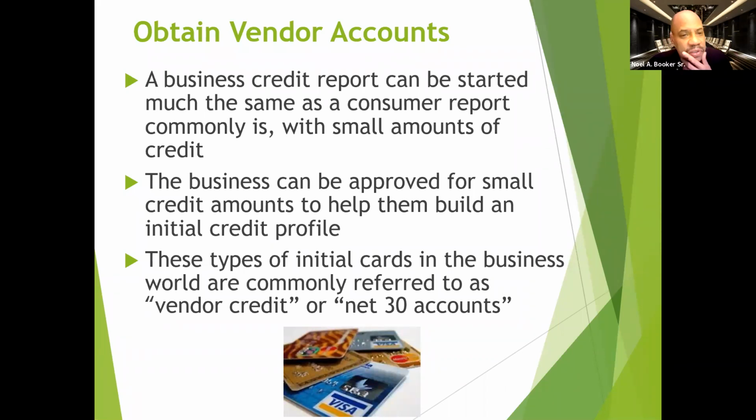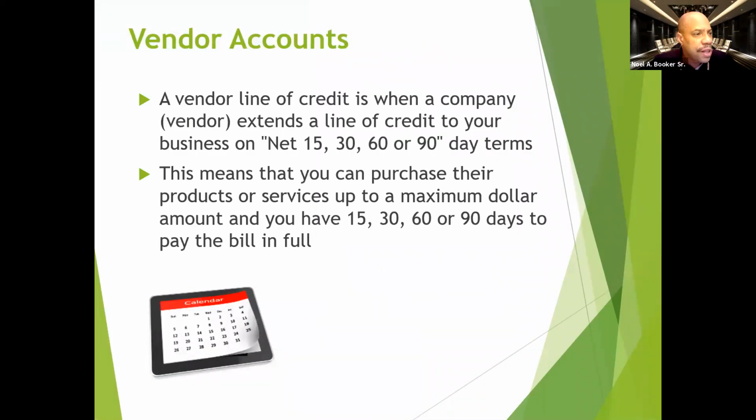In the accounting world, that's what we call them, net 30, because when you buy something on credit, you have 30 days to pay it off, okay? A vendor line of credit is when a company extends a line of credit to your business on terms. There are different terms, but the most popular one is the net 30, okay?